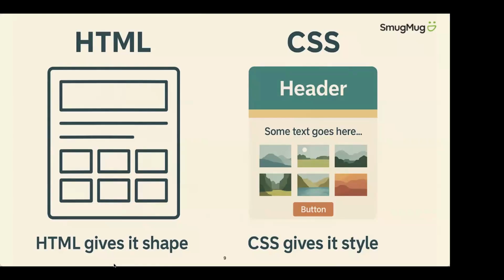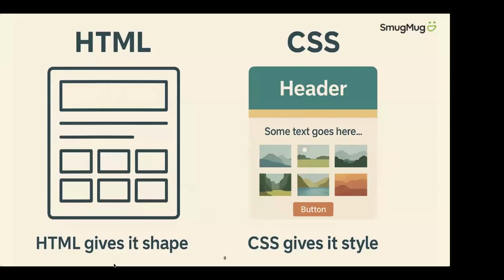Starting with the HTML. Think of HTML as the structure of your website. It's like the blueprint that tells the browser, here's a list of customer testimonials. Here's a pricing table. Here's a contact form. HTML defines what elements appear on your page and in what order.